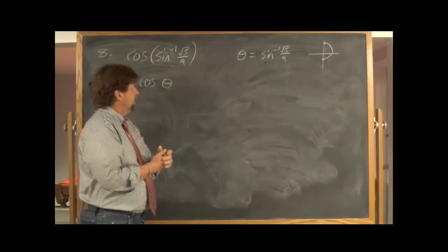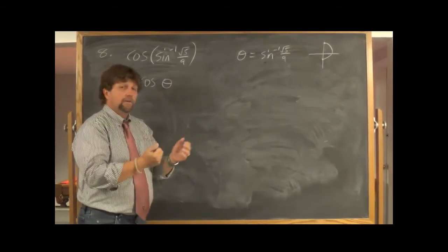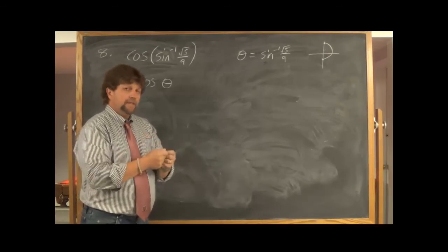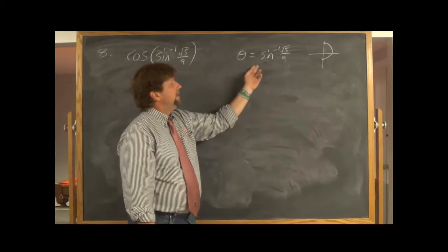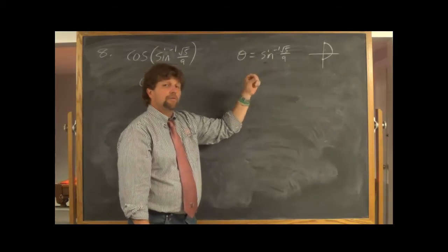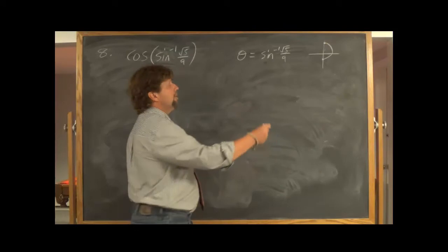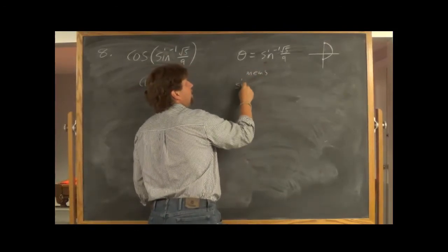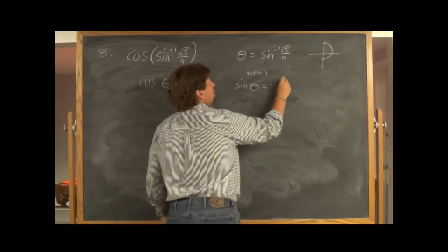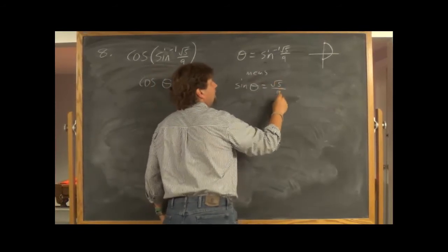And at this point you're saying, well, yeah, that's true, but you don't know what theta is. Big deal. This equation, theta equals inverse sine of square root 5 over 9, really means that sine of theta is equal to the square root 5 over 9.